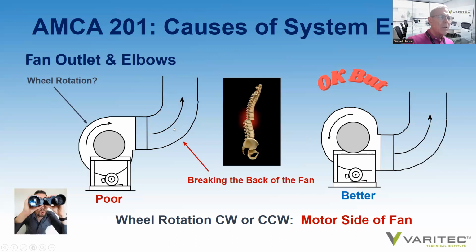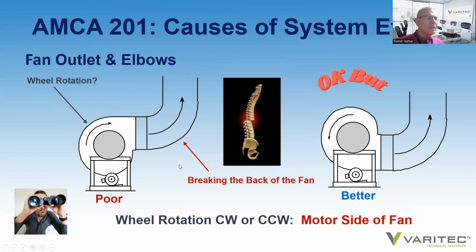If you do that, you create a condition known in the industry as breaking the back of the fan. The high velocity discharge air exits the outlet of the fan, hits the back wall of the duct here, and bounces back in, impeding the proper flow of air throughout the duct system.